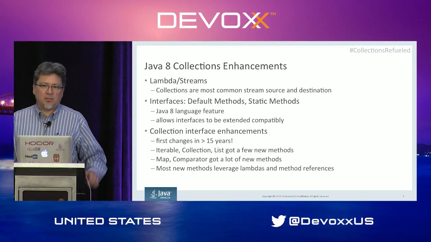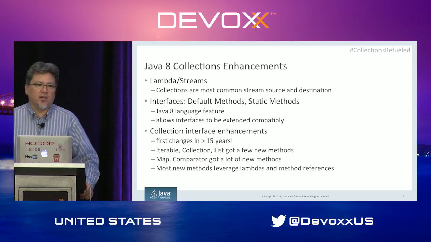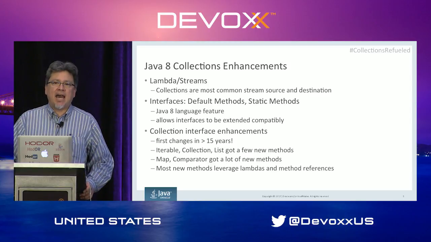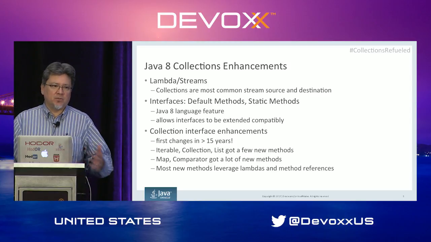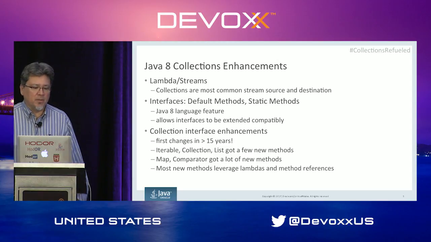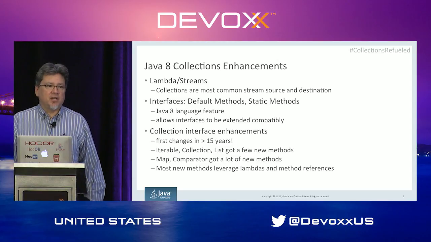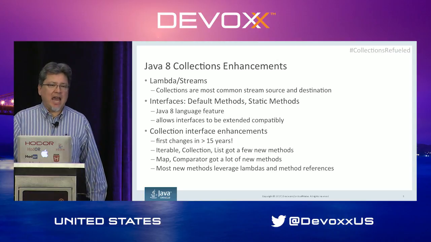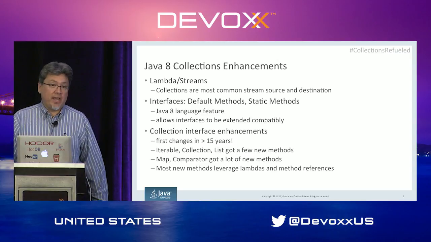That was the big deal about default methods. Prior to default methods, you could not compatibly add methods to an interface. Otherwise, it would be an incompatibility. So in Java 8, with the addition of default methods, it's now possible to add methods to interfaces, and we went ahead and did so.